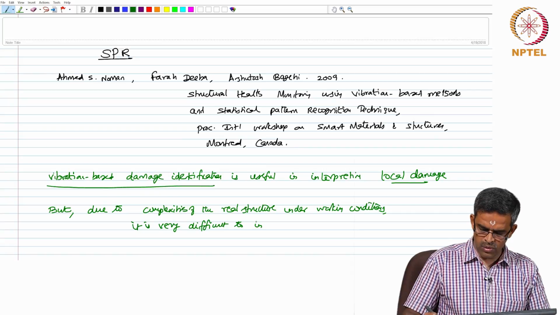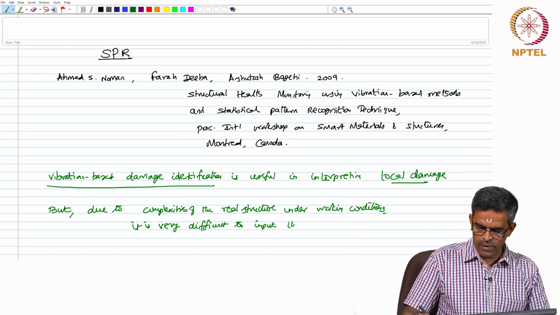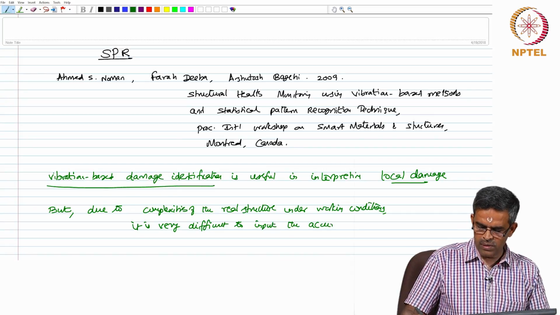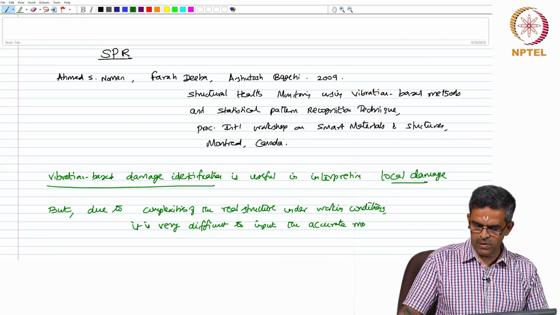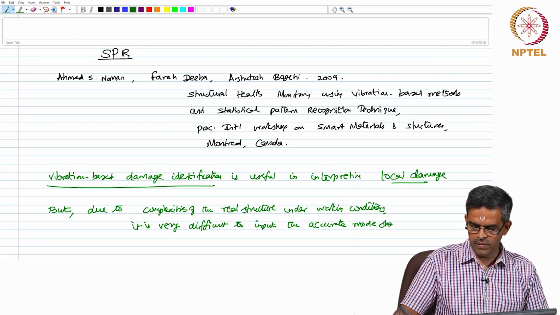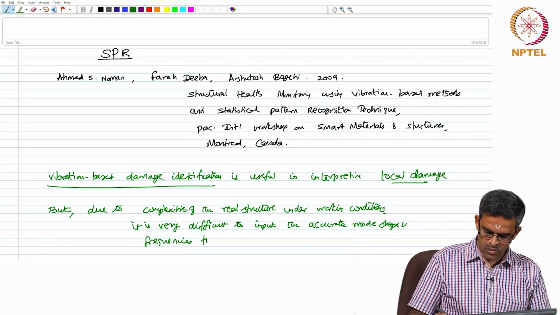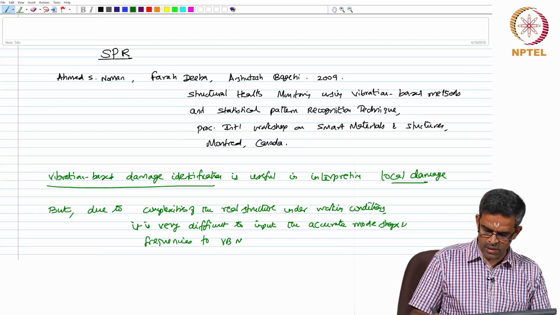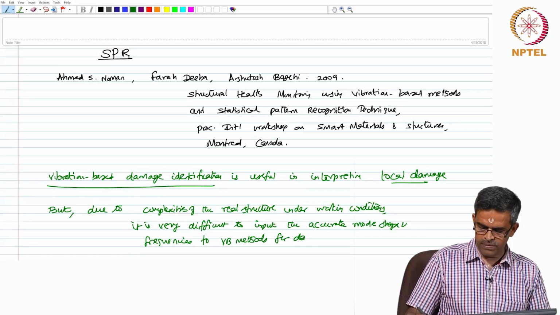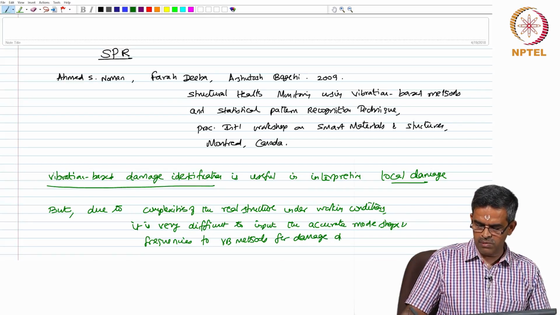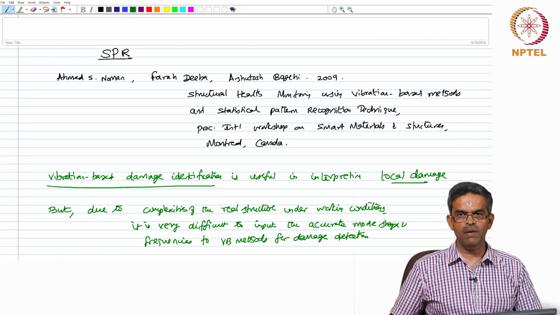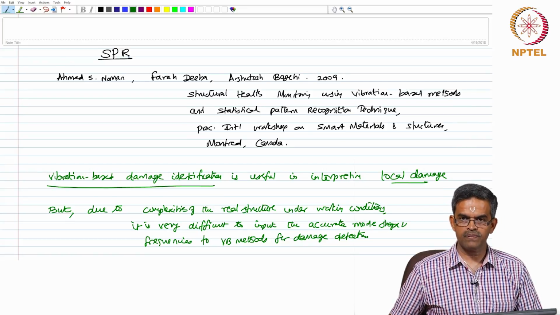to input the accurate mode shapes and frequencies to vibration based methods for damage detection, because we know these methods demand input of mode shape and frequency.